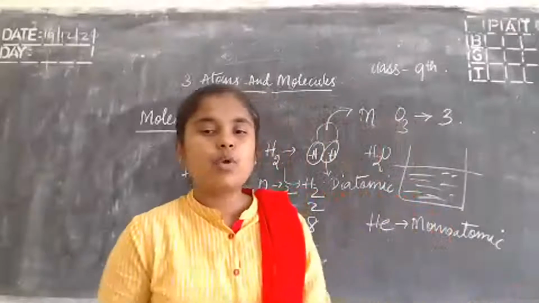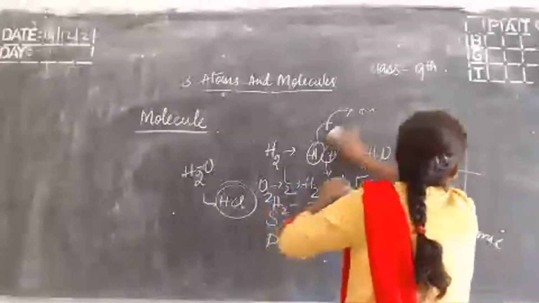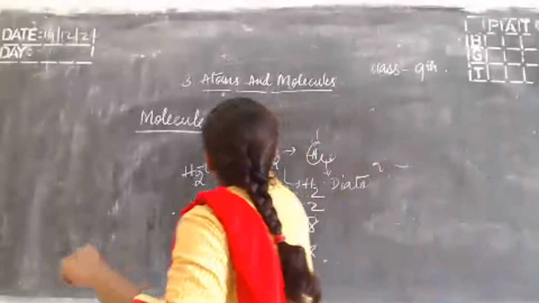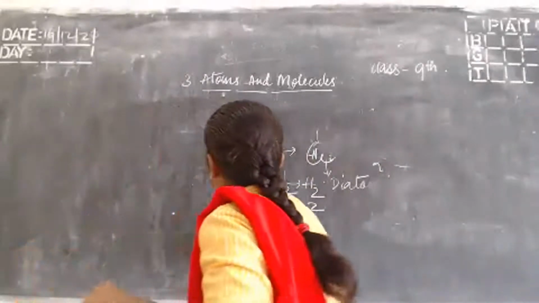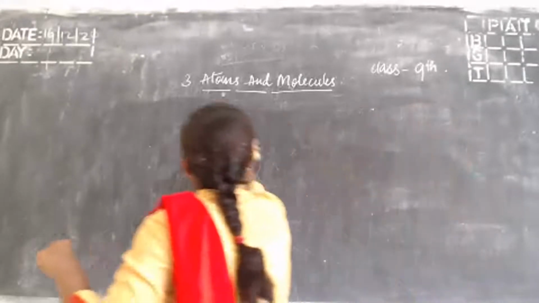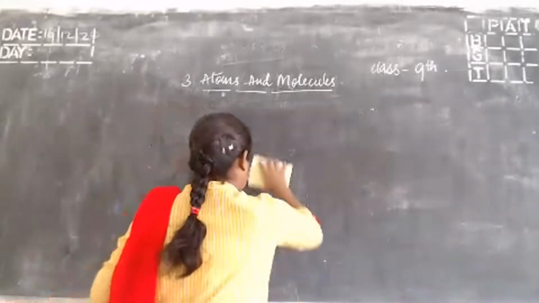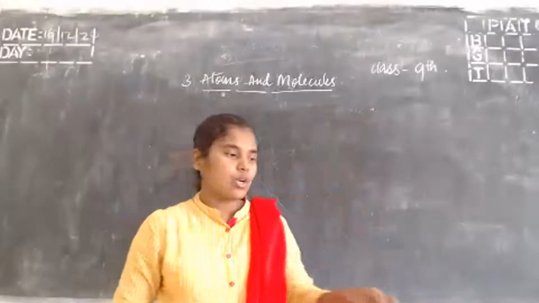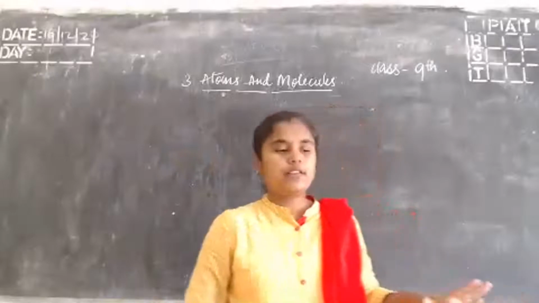Next, we have molecules of a compound. I hope what atomic mass is and what molecular mass or molecule is, is clear for you all.